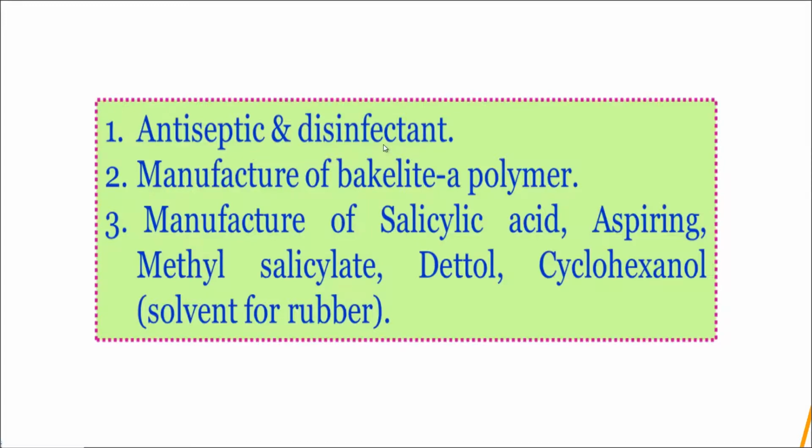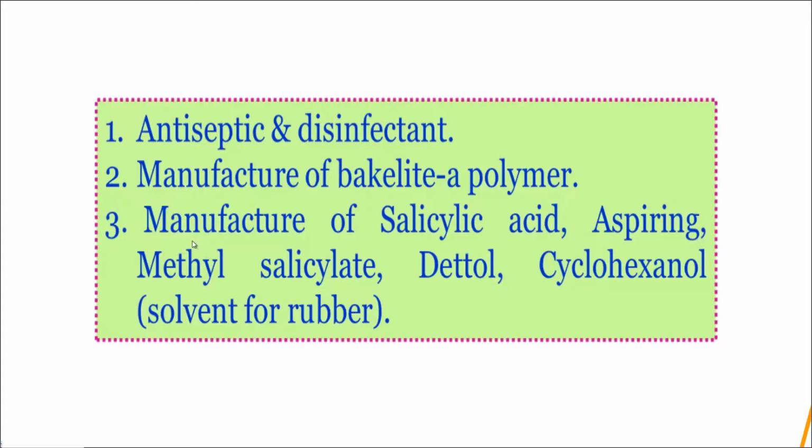In fact, as we discussed previously, a 5% solution of phenol is carbolic acid, which acts as a very good antiseptic and disinfectant. Phenol is used in the manufacture of a polymer named bakelite. The polymer bakelite contains phenol and formaldehyde as its monomers.